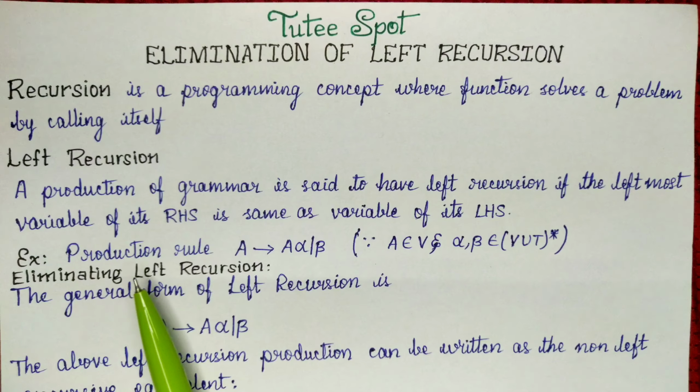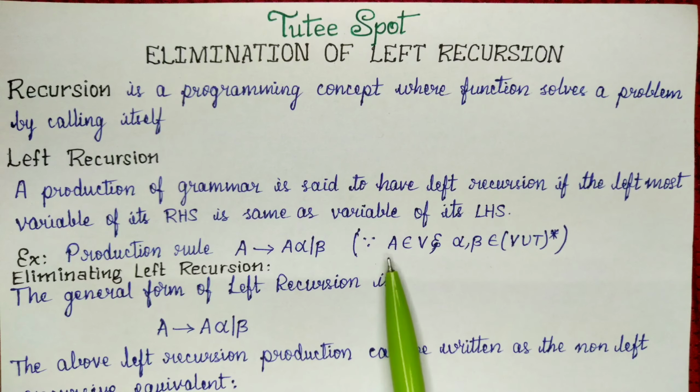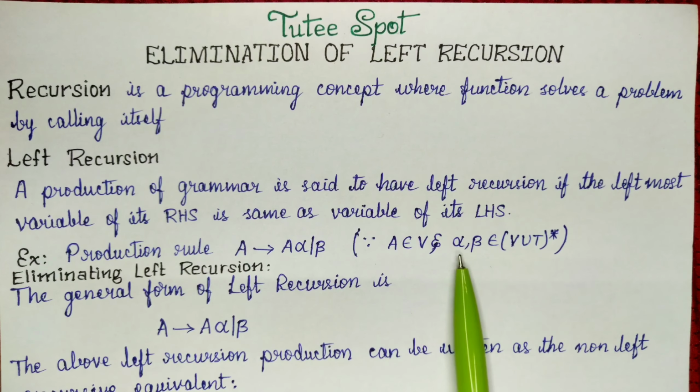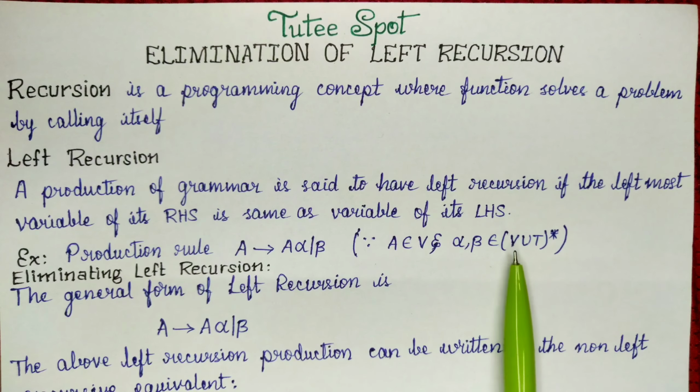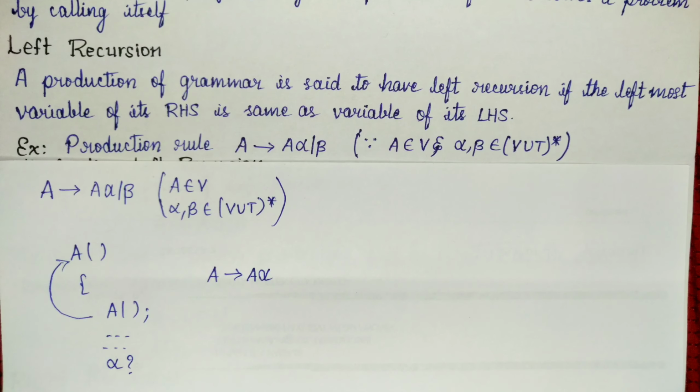Consider an example: a production rule like A produces A alpha or beta is directly left recursive, where A is the non-terminal and alpha and beta are sequences of terminals and non-terminals that do not start with A, even including zero occurrences.